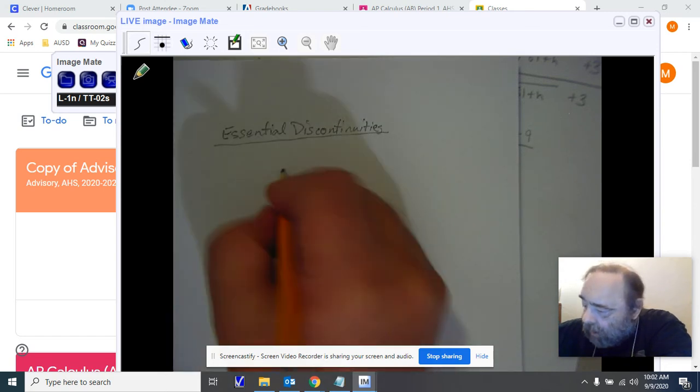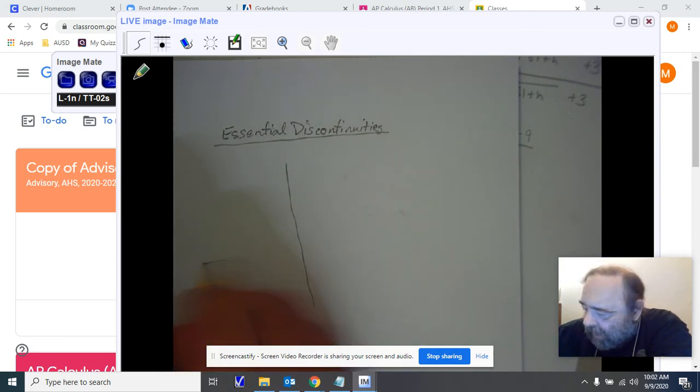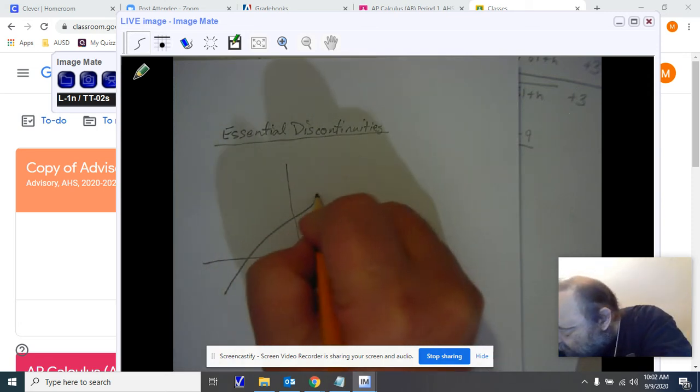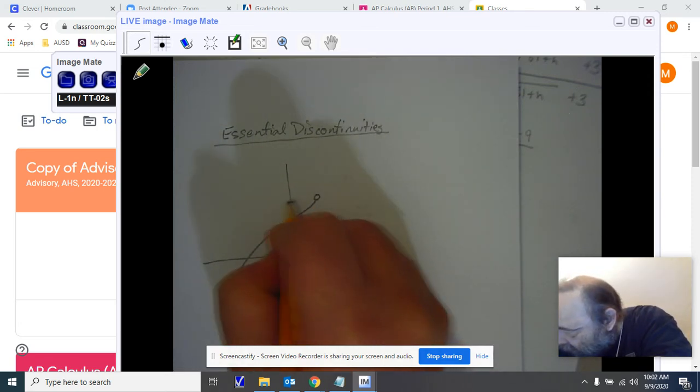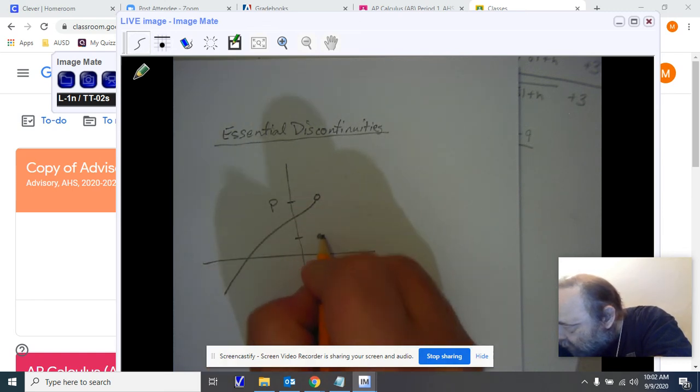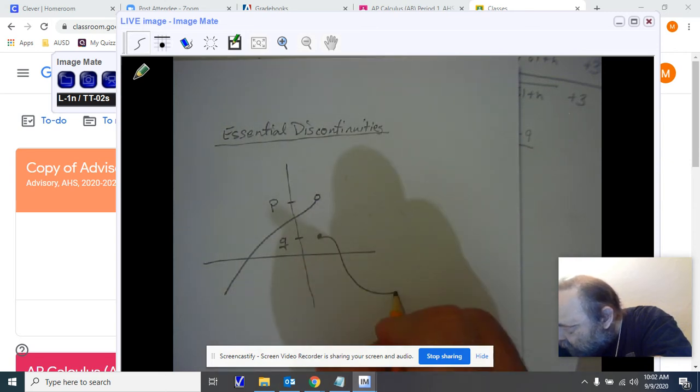For example, let's take a quick function that has two different values of limits. This one we will have as p, and we're going to go ahead and we're going to start down here. Let's call this q, and q goes on.